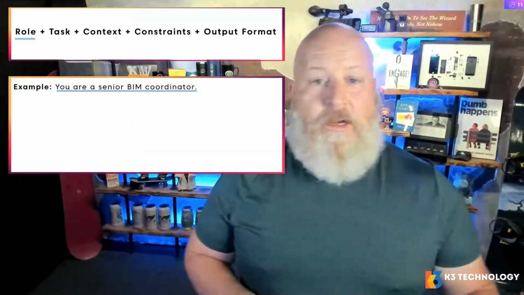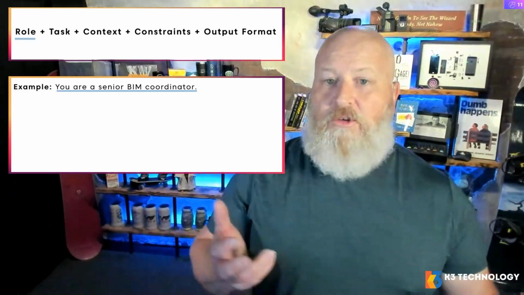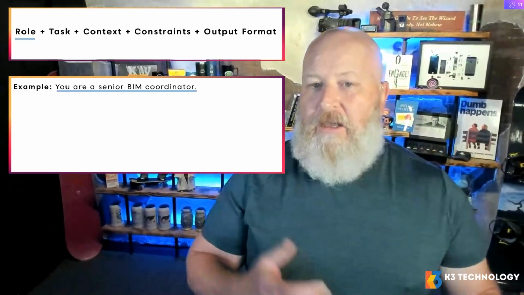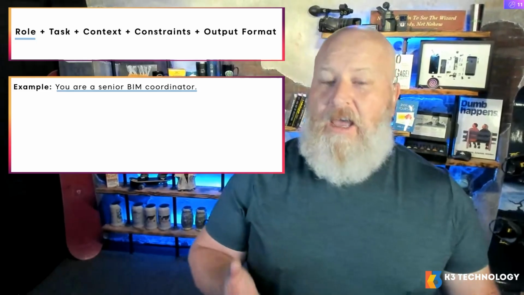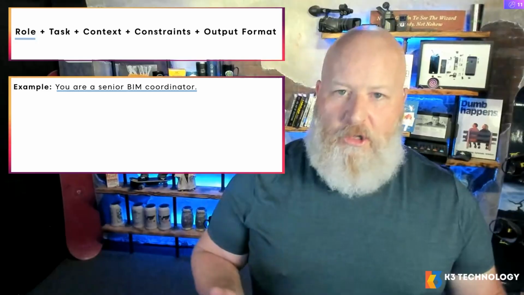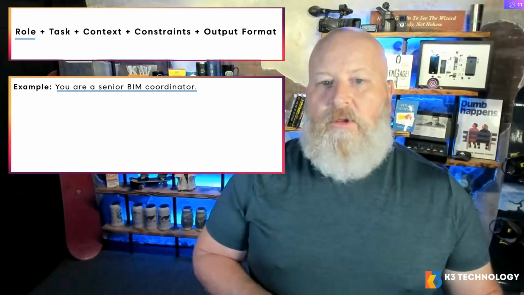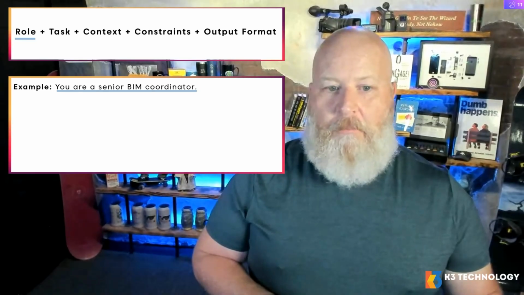So, for an example, you are a BIM coordinator. That's your role. It's real easy to tell this what to do as far as a role goes. I want you to act as a BIM coordinator. I want you to act as an architect with 25 years experience in commercial architecture or design or construction or whatever you might be looking for.